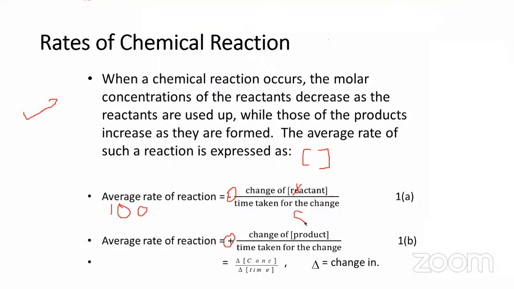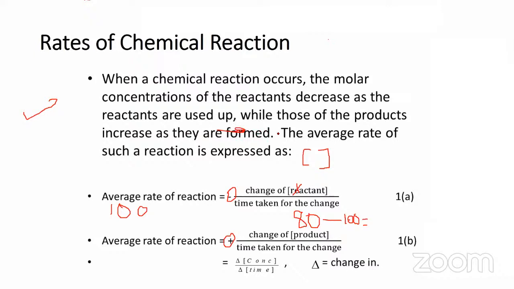Look at the screen very well. How did you get the 20? 80 is the amount that's left. Take away 100, what are you going to get? It will give you minus 20.